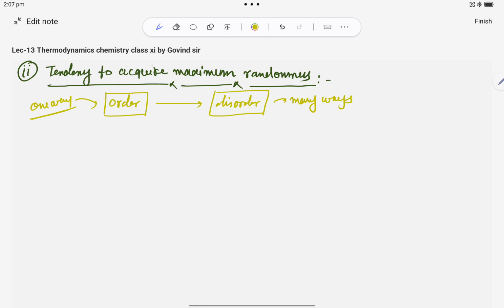Yes or no? All heads is possible, but a random outcome is more likely: 2 heads, 8 tails, 7 tails, 3 heads, like that. So in this case the system moves from low probability to high probability. That is called randomness increases.